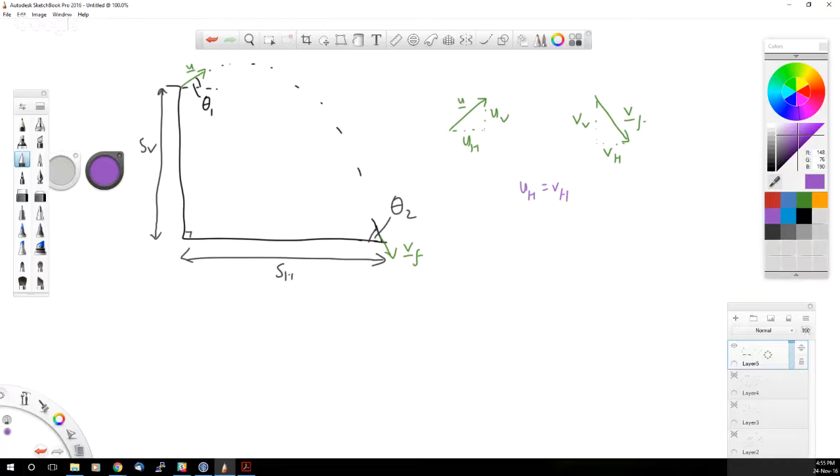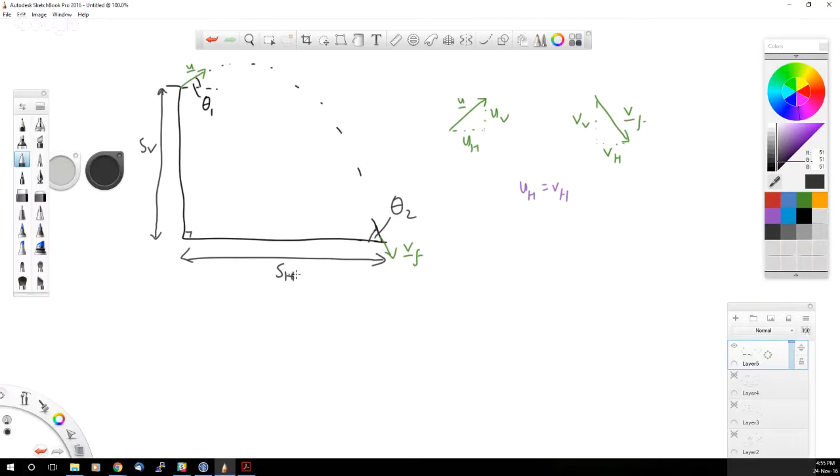Now there are a couple of different ways you can do this. One is by working out when this hits here and working out the time taken for it to come down this distance, so you can work out SH afterwards.